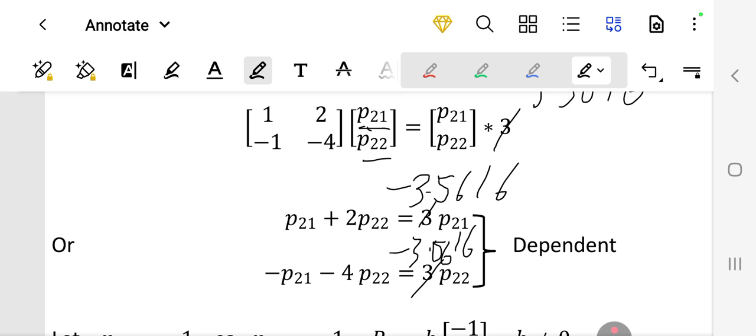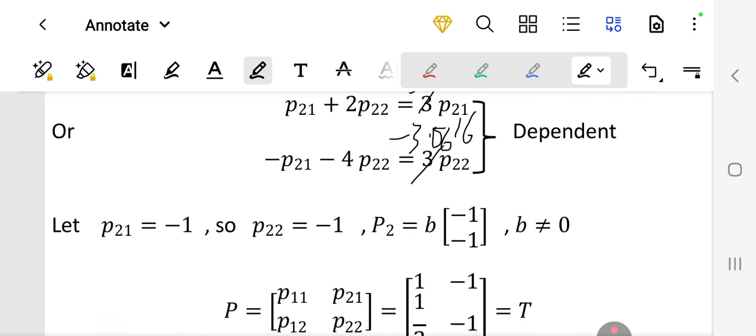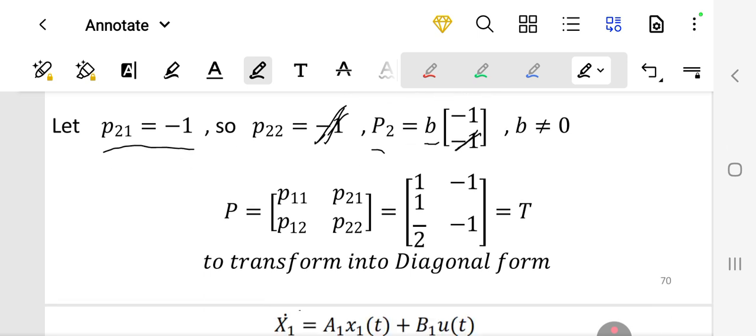These two equations are also dependent. We can assume P21 equals negative 1 and obtain P22. Then P2 will be equal to a constant B times negative 1 and the other value.